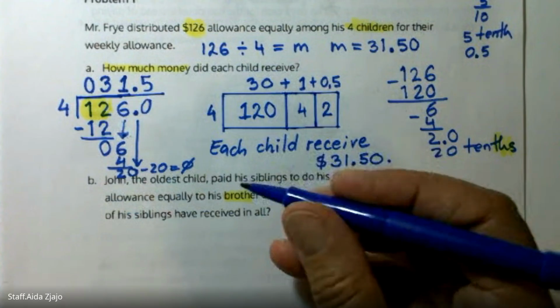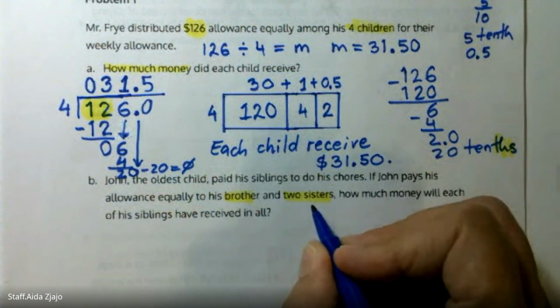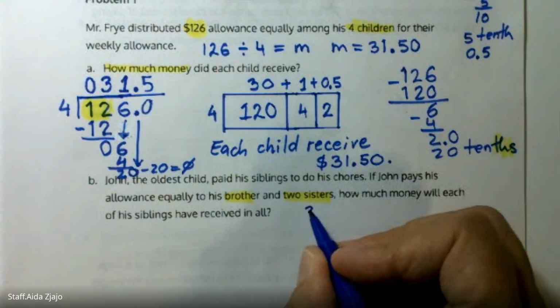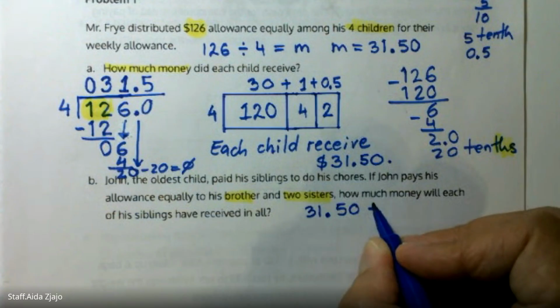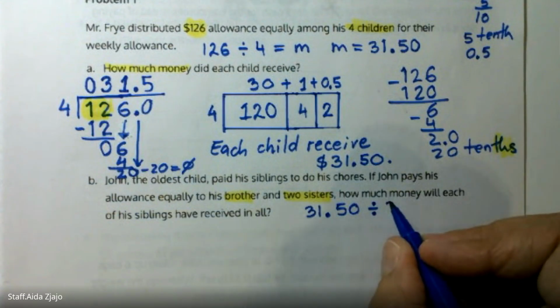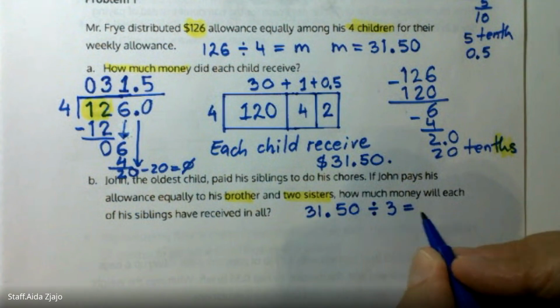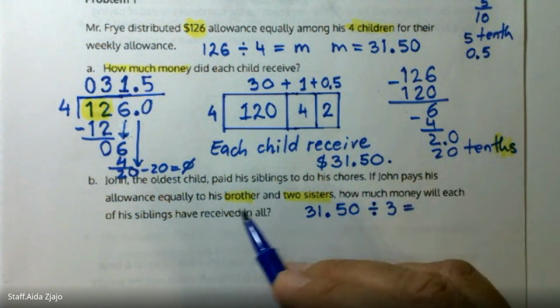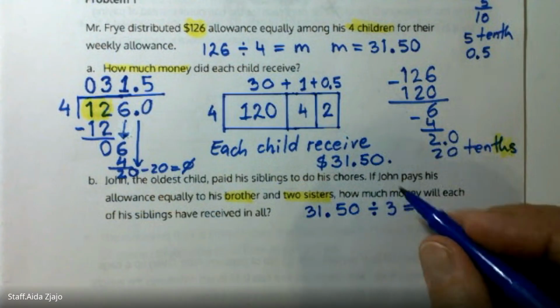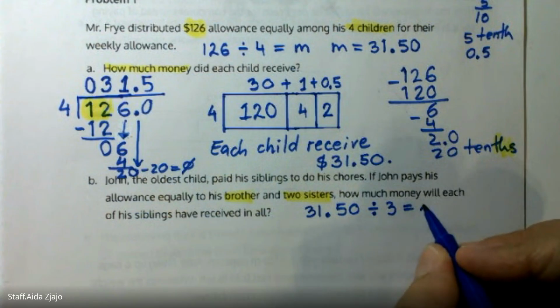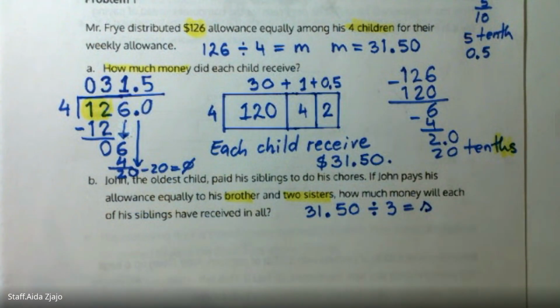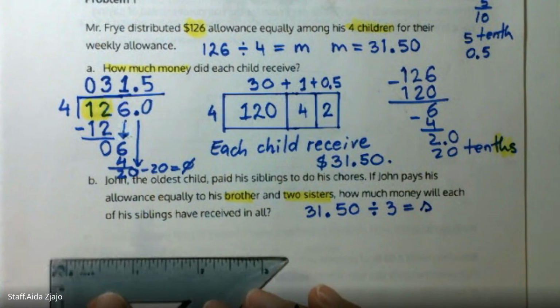That means his share is $31.50 divided by 3. I put S for siblings, so each sibling will get that much money.